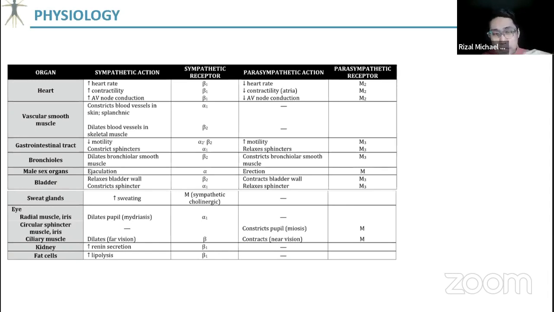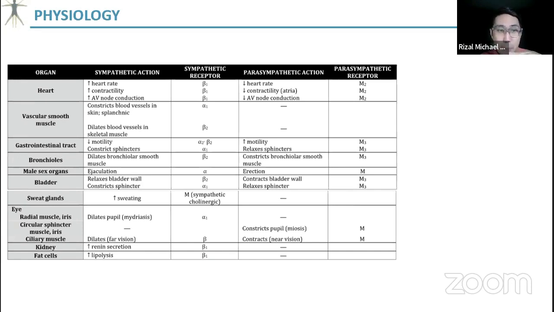So usually what the examiners would do is pick out ano yung mga kakaiba or yung unique sa kanila. So for example, pag sinabing bronchial relaxation, is it sympa or para? Diba? It's more of sympathetic because your bronchodilation is part of your sympathetic nervous system.